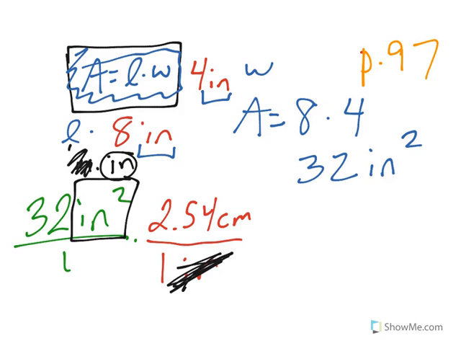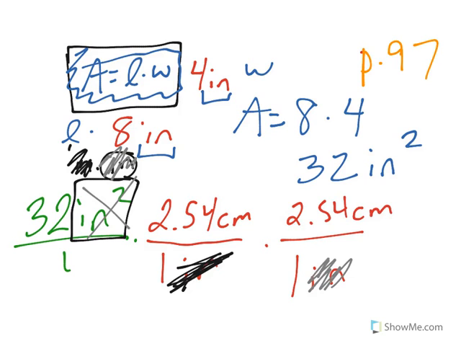I still have one more inch I have to deal with, so I need another one of these, 1 inch and 2.54 centimeters on top, because now this inch goes away with the other one, and I have successfully taken care of both inches. So to find this in centimeters squared, notice centimeters times centimeters gives me centimeters squared.